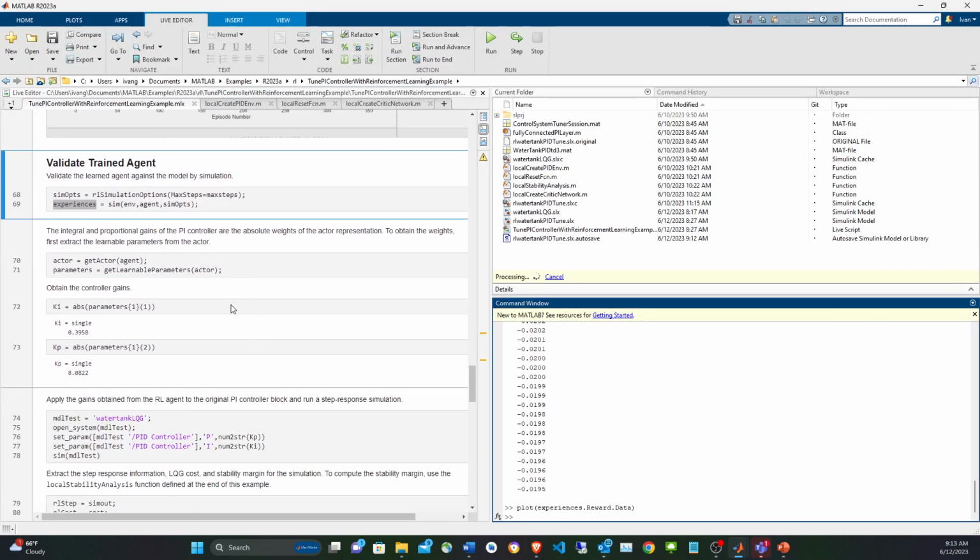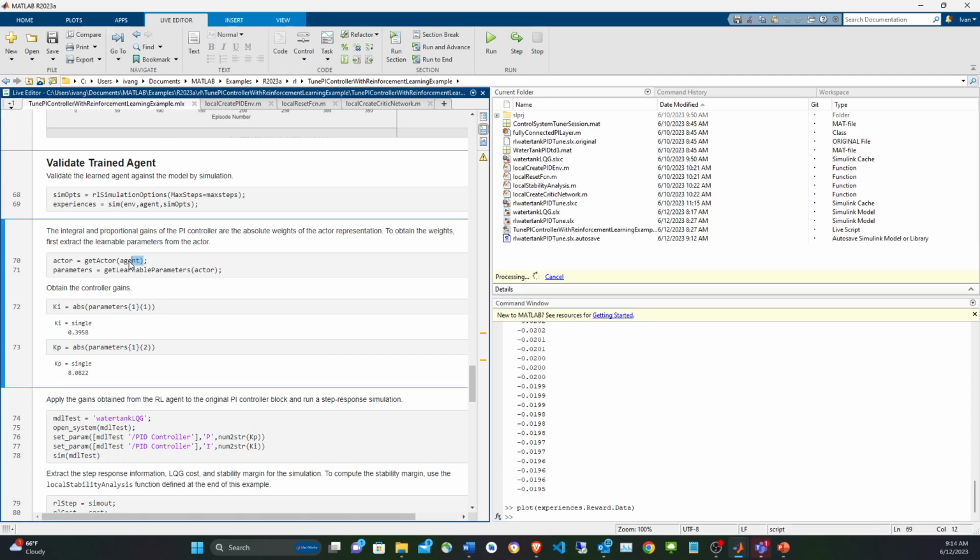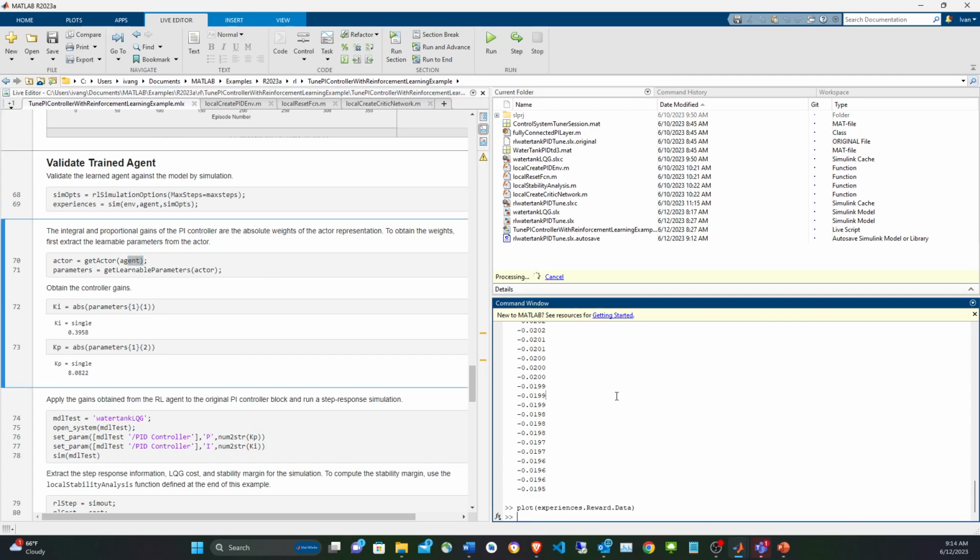Okay, so now let's compare what we get from the classical optimization versus reinforcement learning for getting these PI parameters. First we're going to put the weights of the neural network into a PI controller, and for that we use actor equal to the agent. From the agent we're going to get the actor.